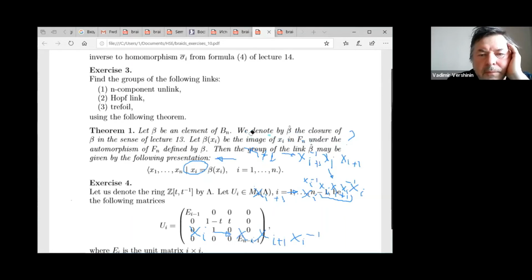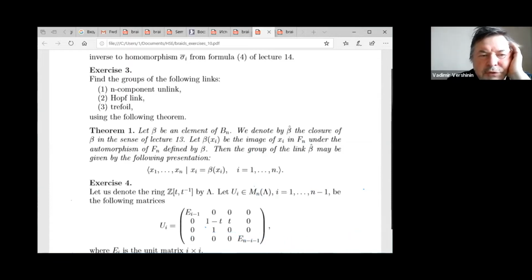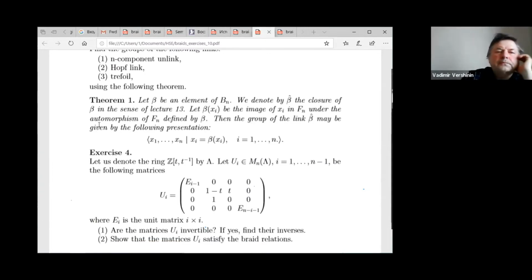It was actually proved by Artin also in his initial work, the same work where the presentation that we discussed in our first exercise appeared. So the following theorem.